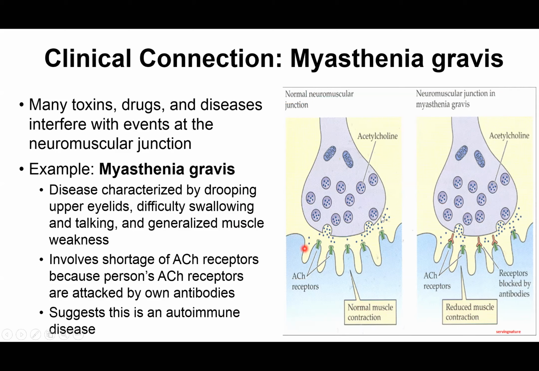And so here is a quick picture of what the normal muscle contraction at the neuromuscular junction would look like. But in myasthenia gravis, some of these receptors are being blocked by antibodies. And so acetylcholine can't actually bind to all of the receptors that it's supposed to be able to. Due to this, you will have a reduced muscle contraction.